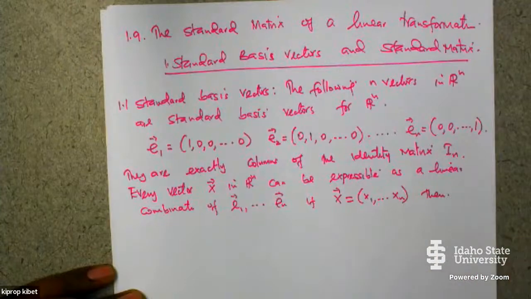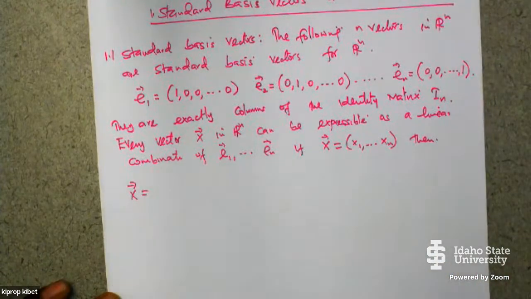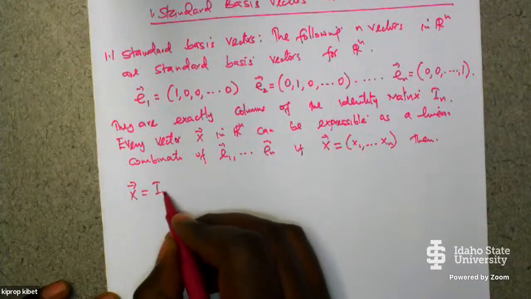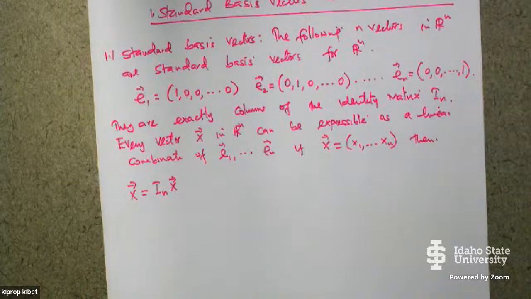Then X can be written as I_n times X. You remember when you multiply an identity matrix by a matrix, you still get the same matrix.